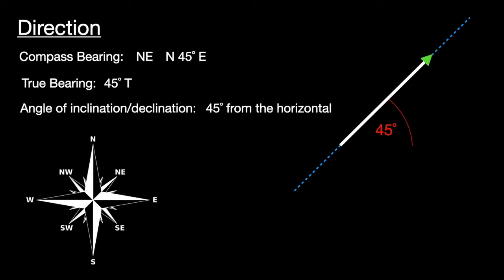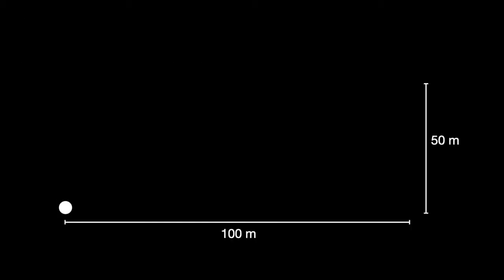So once again, let's just revisit how we would use and why a vector quantity is important. If we have a little ball here and it's moved 100 meters, it then travels north another 50 meters. If I ask for the distance that it's traveled, you very easily tell me that it was 150 meters.